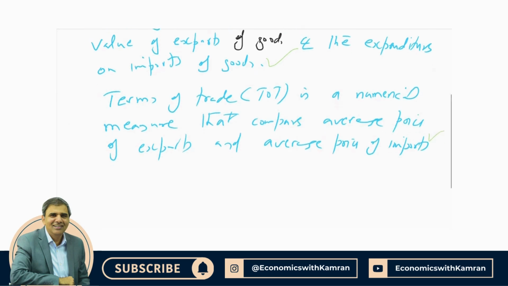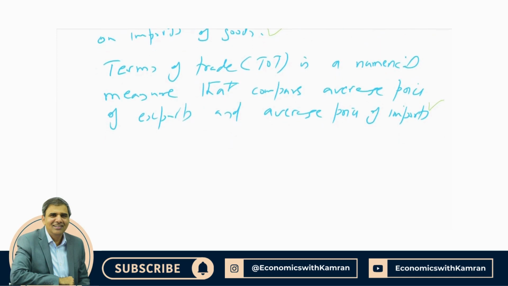And for the third, we need to give the formula whenever there is a mathematical measure like price elasticity of demand, income elasticity of demand, cross elasticity of demand, price elasticity of supply, or terms of trade. We need to give an accurate formula for that.